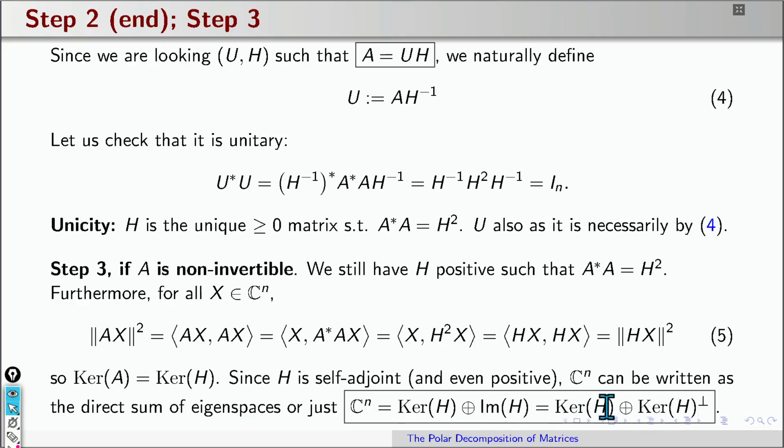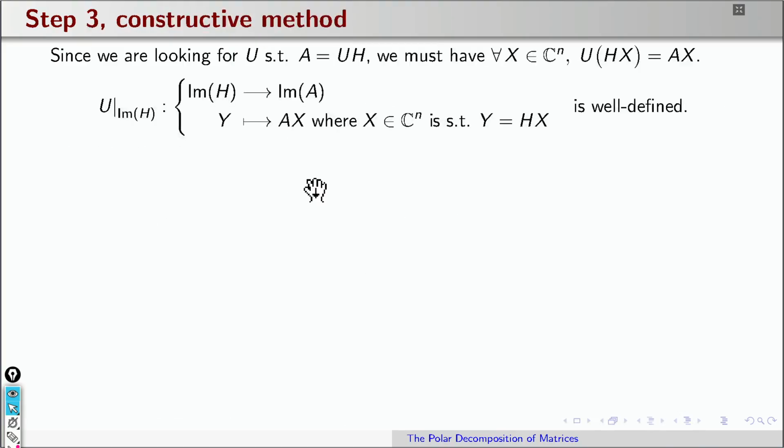So in fact, this is orthogonal to the rest. So the image is equal to the orthogonal complement of the kernel. On the image, U is completely determined, because on an element of the form H of X, U of this must be equal to AX.